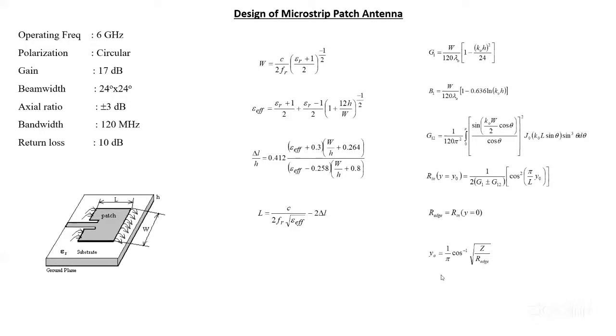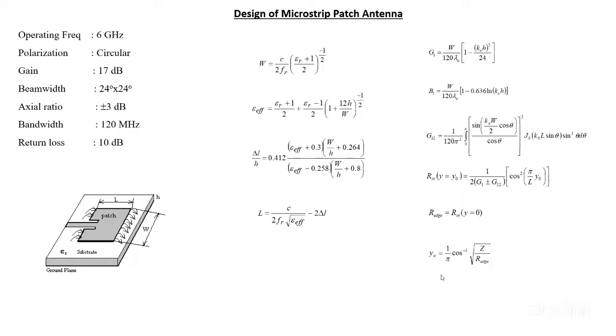Epsilon r is the dielectric constant of the substrate, and there is the ground plane. Basically, a microstrip patch antenna will have one ground plane and one substrate. It can be anything, either air or non-metallic, with some dielectric constant. Above that, we will have a metal piece shaped such that it radiates at a particular frequency.